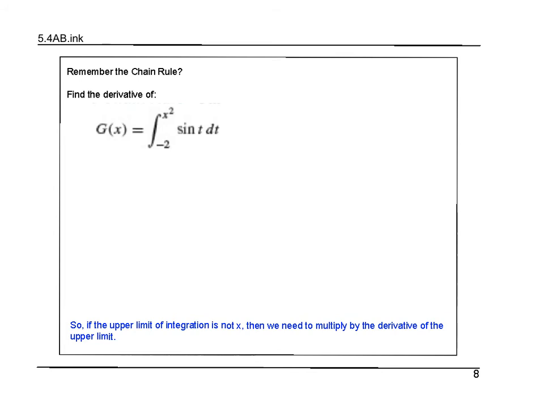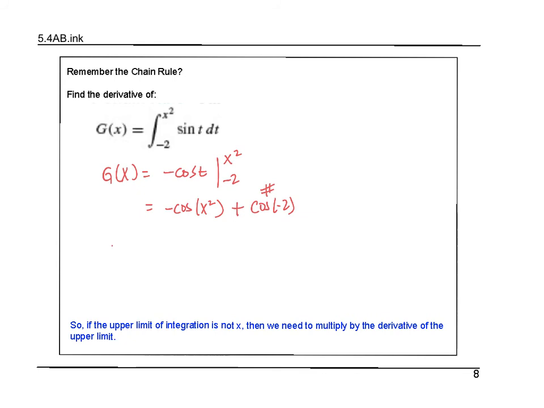So let's first antiderive this. Sine antiderives to negative cosine, which, based on these limits of integration, would then give us negative cosine of x squared minus negative cosine, or plus cosine, of negative 2. So this is some number. I don't know exactly what it is, I don't really care, but it's a number.